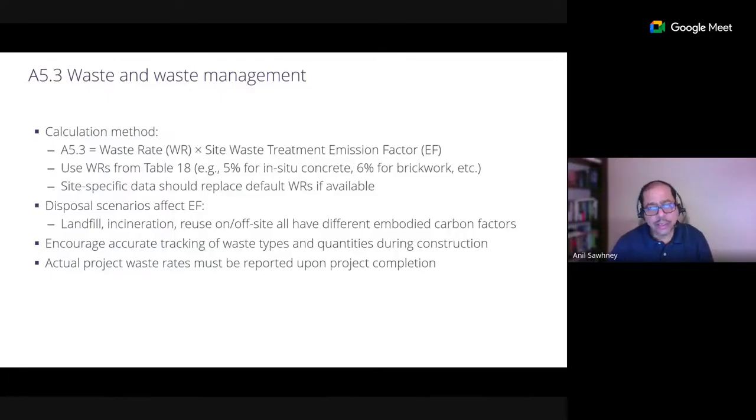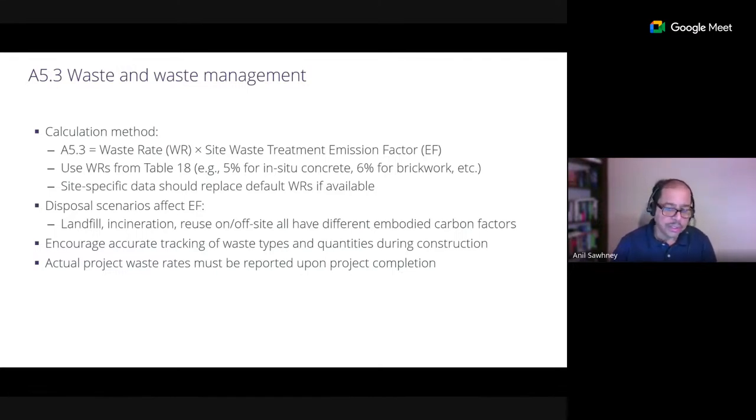So again, there are various ways of calculating this. Our standard tries to give you as much information as possible for waste and waste management related emissions. Broadly, A5.3 related emissions are calculated by a waste rate. I think most cost consultants, folks who know how to do quantity takeoff, would have these waste factors.